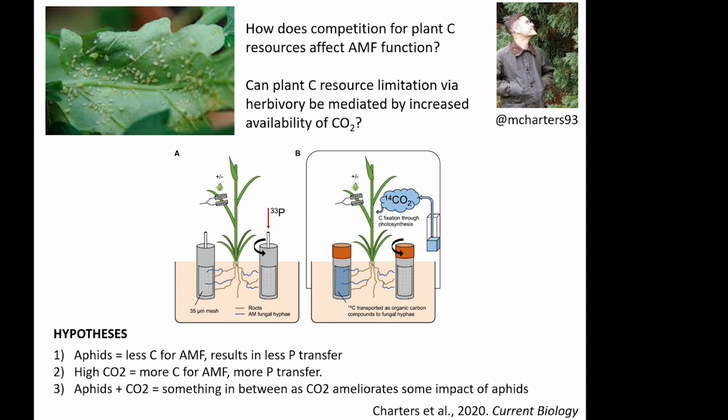To measure the amount of carbon, we release a pulse of 14CO2 into a sealed gas-tight chamber, and then we measure how much labeled carbon ends up within the core in the fungus, within that mesh windowed core. Because we have paired cores in each pot, we can rotate one of the cores, which severs the connections between the core contents and the plant.